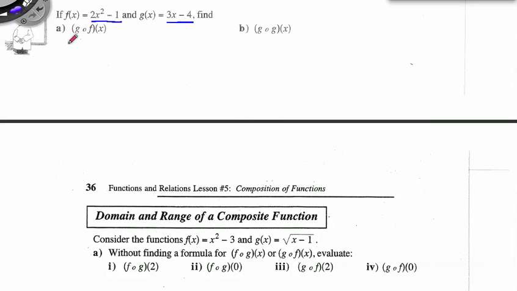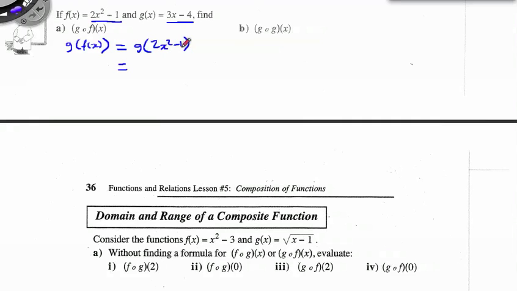As I've said before, I usually write g of f of x like this. So what is that going to be? Well, as above, we're going to take f of x and put it in here.